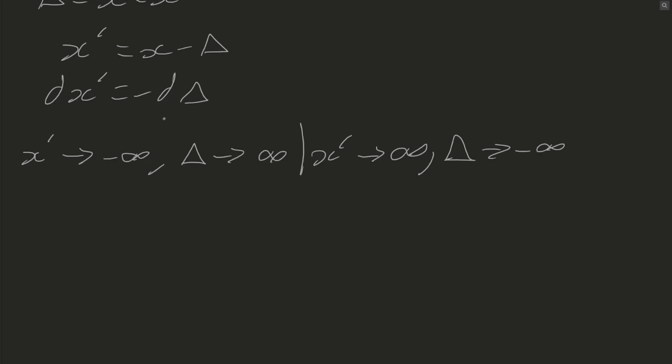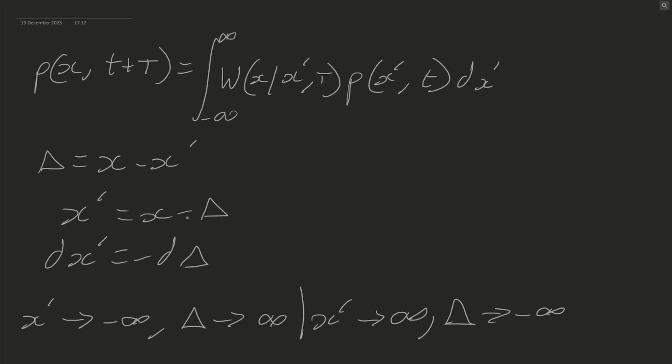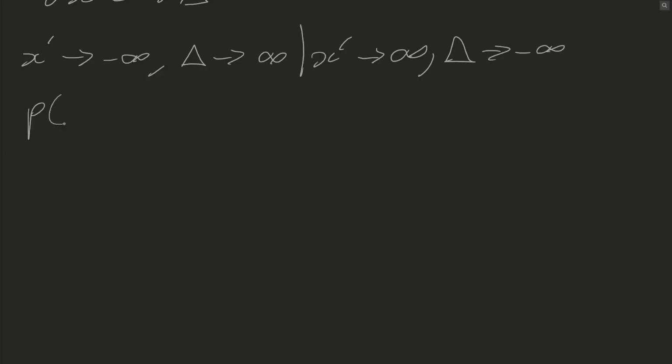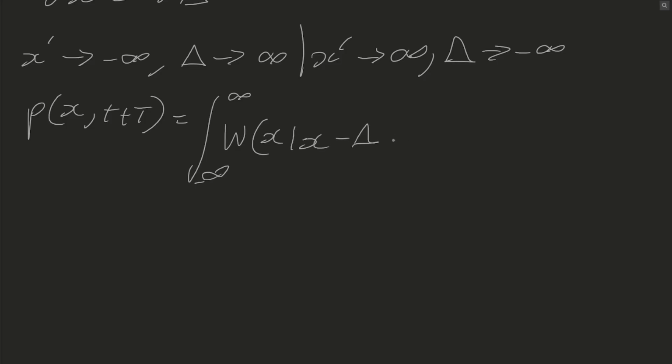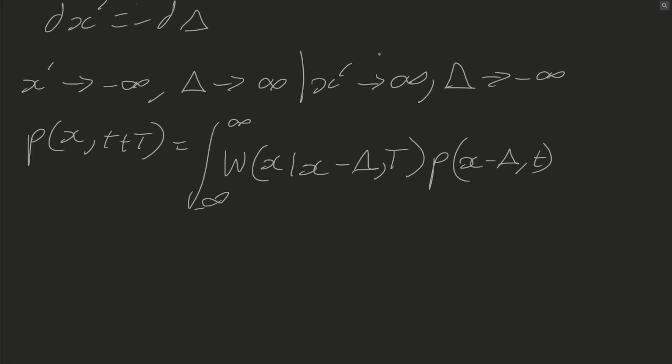We can sub this back into the original Chapman-Kolmogorov equation, and we get that p of x, t plus tau is equal to the integral from minus infinity to infinity of w of x bar x minus delta, tau, multiplied by p of x minus delta, by our substitution of what x prime is equal to, and then minus d delta.